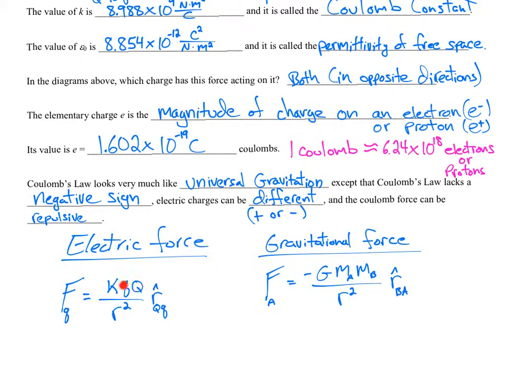If these are both positive, or if they are both negative, then this overall expression stays positive, and it's a repulsive force which goes in the direction of the vector from the charge which is creating the force to the charge that's feeling or experiencing the force. That's it for this page, so let's look at the next one.